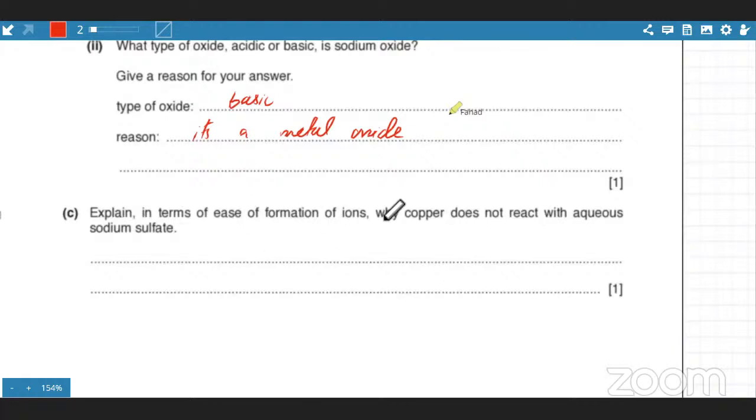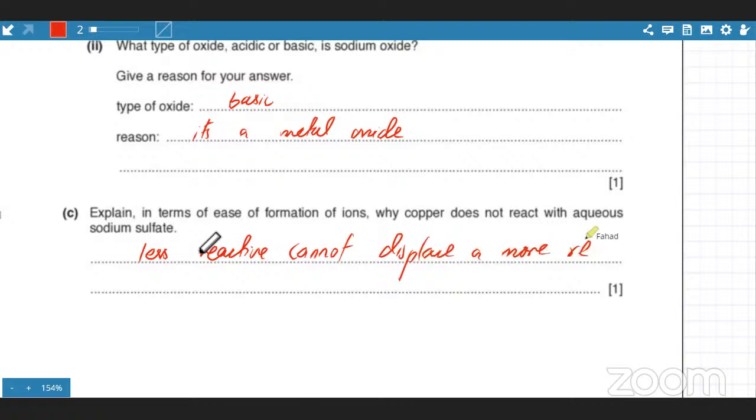Explain in terms of ease of formation of ions why copper does not react with sodium sulfate. Now, this is not the answer, but less reactive cannot displace a more reactive.